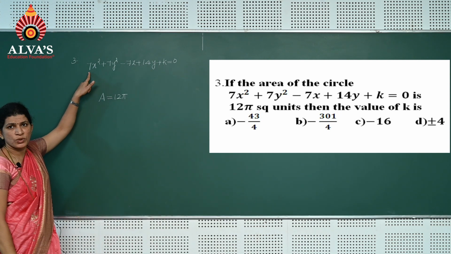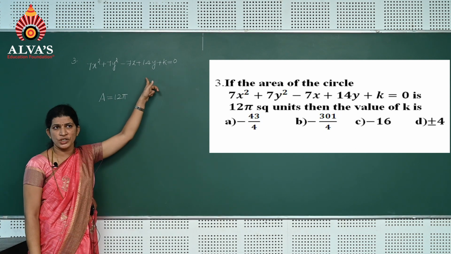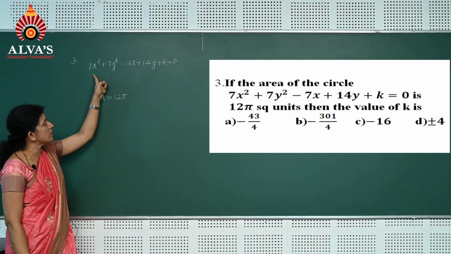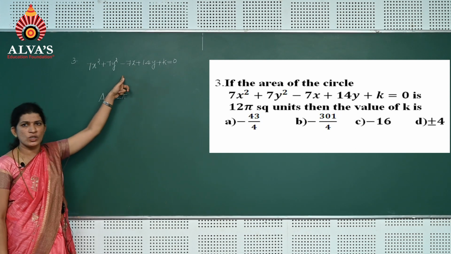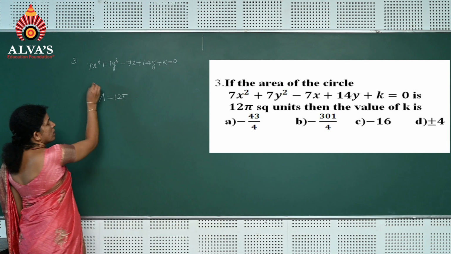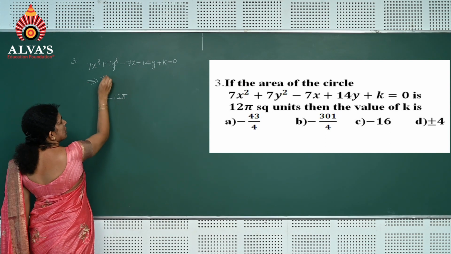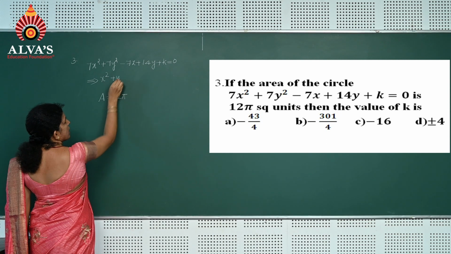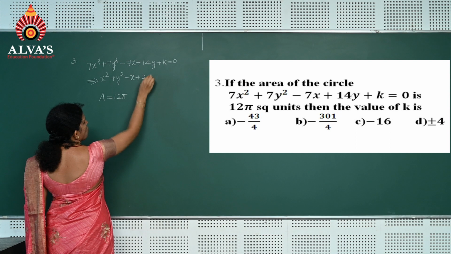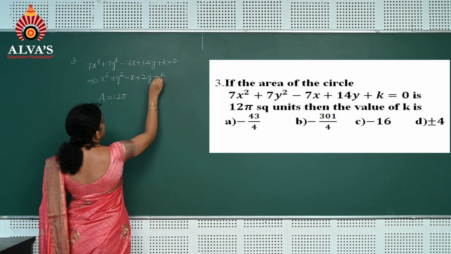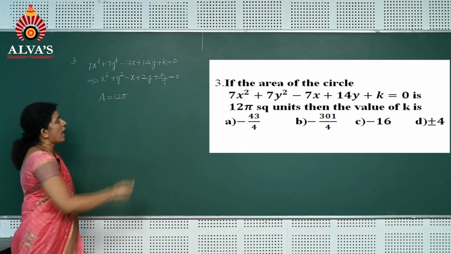See here, come to the equation of the circle. We know that in the standard equation, the coefficients of x² and y² must be 1. So make the coefficients of x² and y² as 1, dividing throughout by 7, so that the equation becomes x² + y² - x + 2y + k/7 = 0.